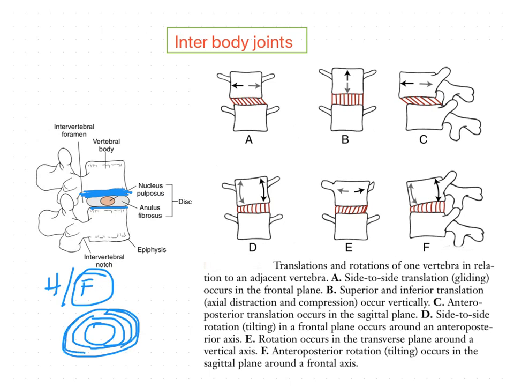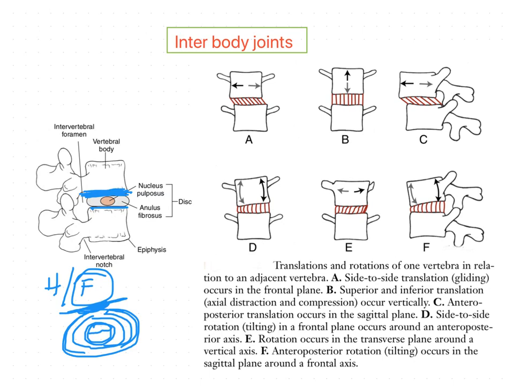At the center, over the nucleus pulposus, some hyaline cartilage is present. If you look at the vertebral end plates, at the center of the end plates we can also find this hyaline cartilage.